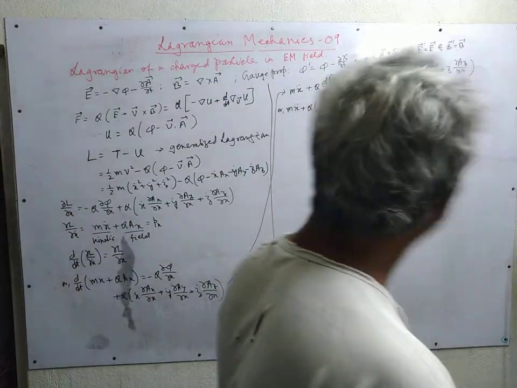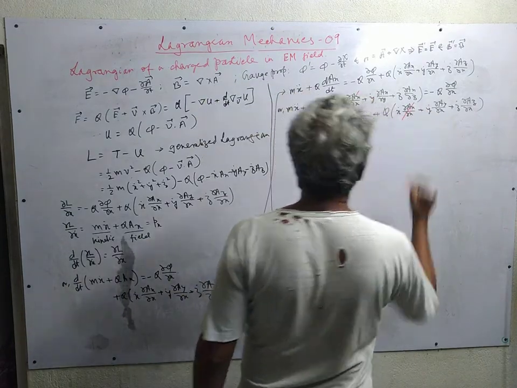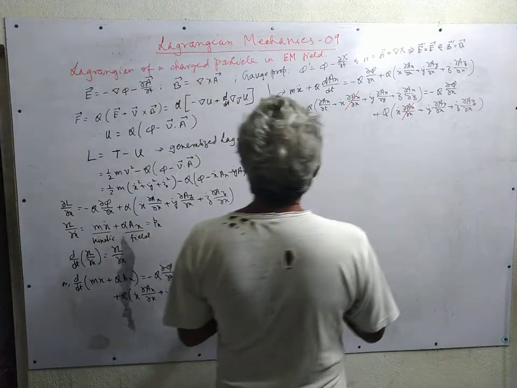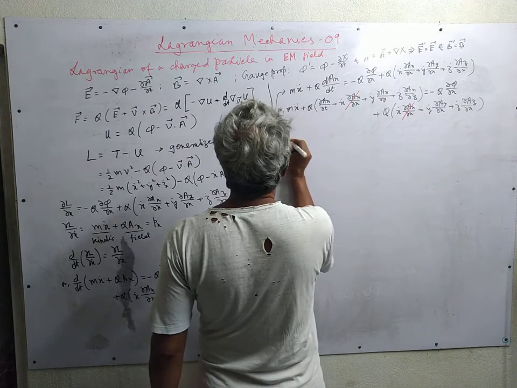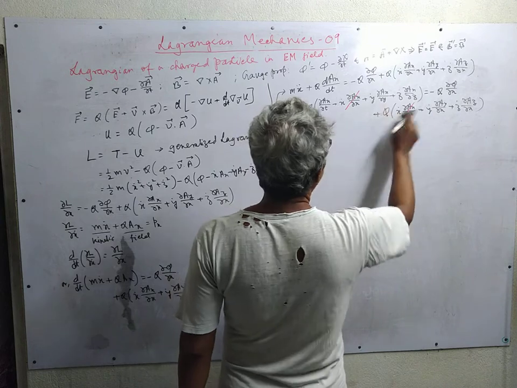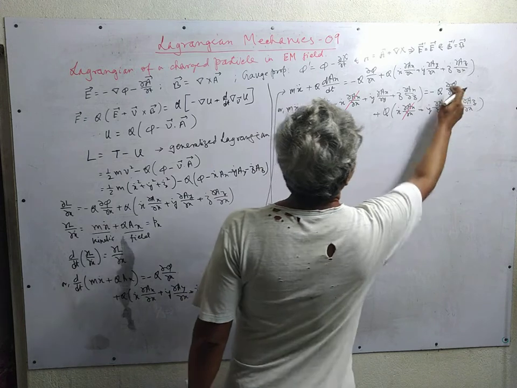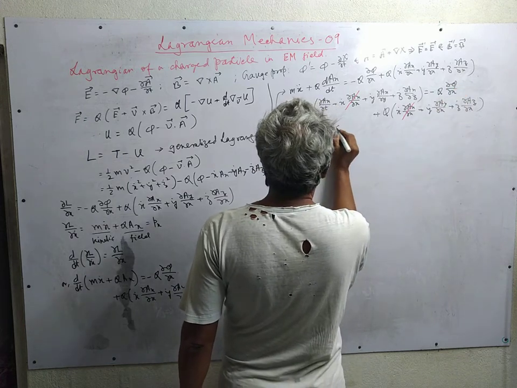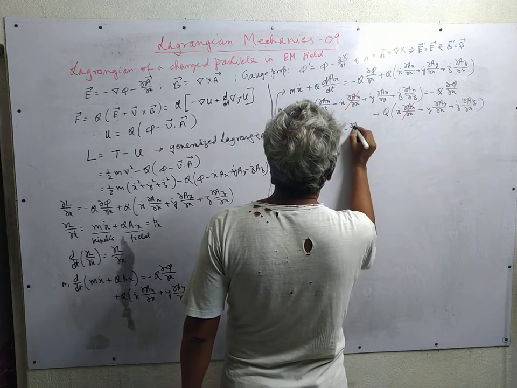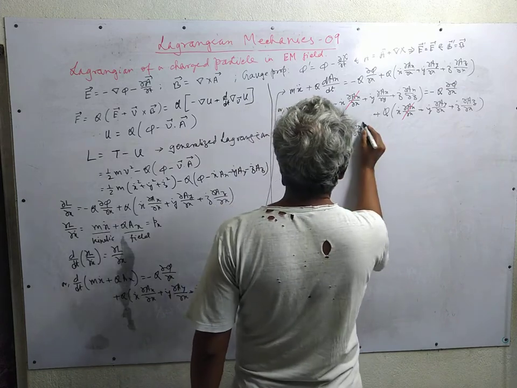Note carefully that this term is cancelled because it is on both sides. So we rewrite the equation as m x double dot is equal to q, and since q is in all the terms, we take q common. First term is minus del phi del x, and this term is minus del Ax del t. So this is a term.